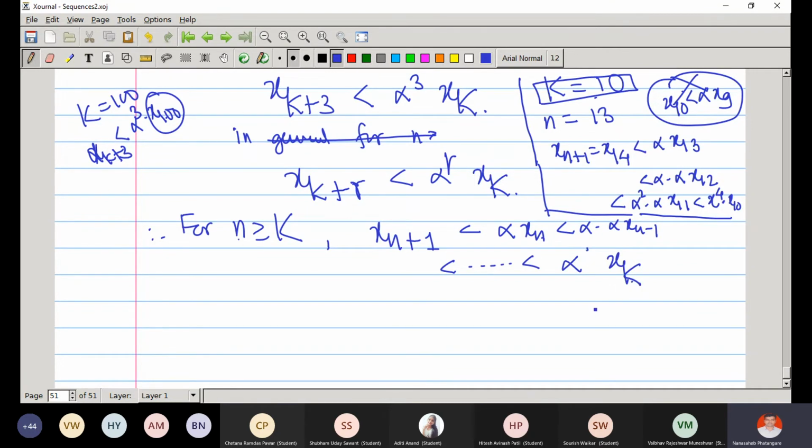And then what is the power of alpha where we should stop? It is n minus k plus 1. You observe here, we started with x14 and we stopped at alpha raised to 4, because our k was 10 in this case. Suppose I start with n plus 1, then alpha raised to what?